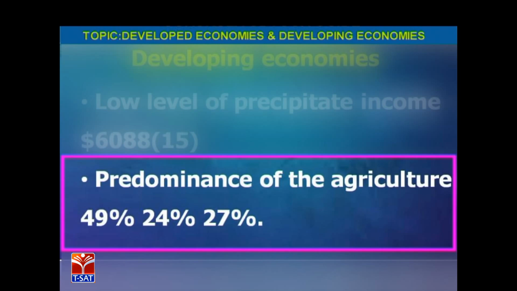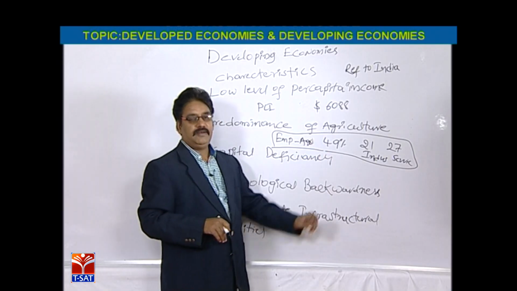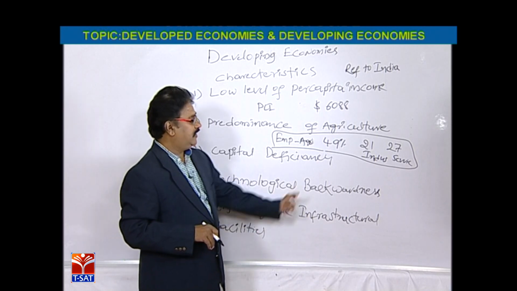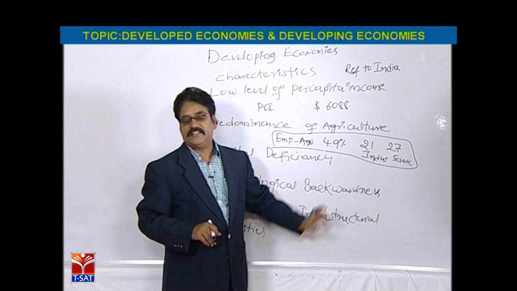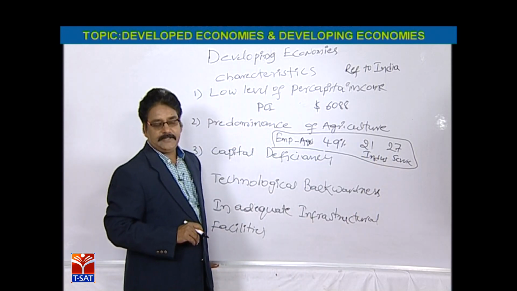This is the contribution of employment of different sectors. Three sectors provide employment opportunities in India: 49% from agriculture, 21% from the industrial sector, and 27% from the service sector.